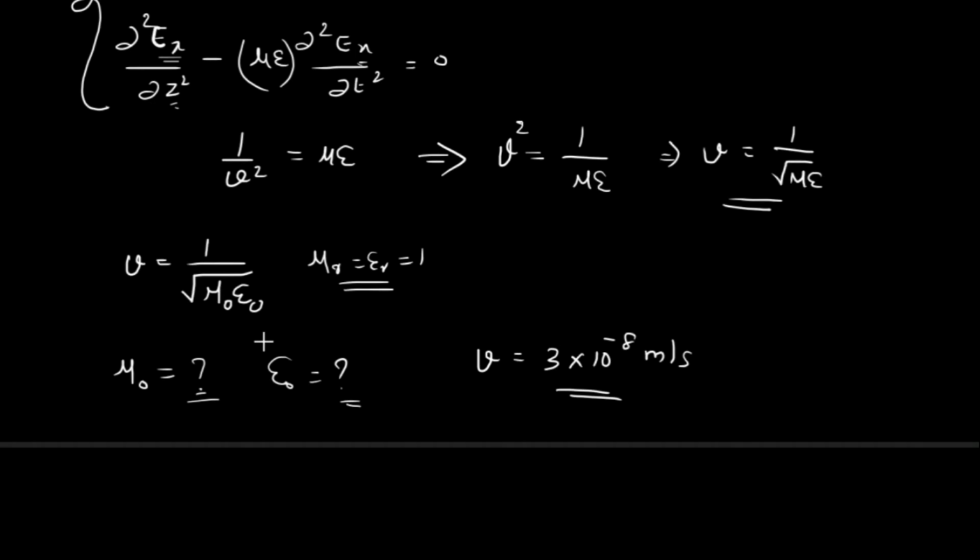I told you that visibility is due to light wave. When I say light wave, light has to travel at the speed of light itself. So if I want to call it a light wave, the speed of the wave should be the same as the speed of light. So a light wave is a uniform plane wave traveling at its speed, that is 3 into 10 power minus 8 meter per second.